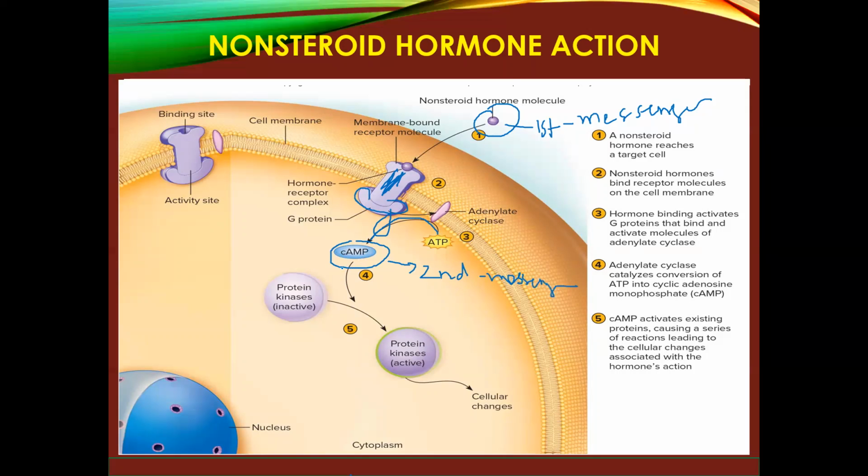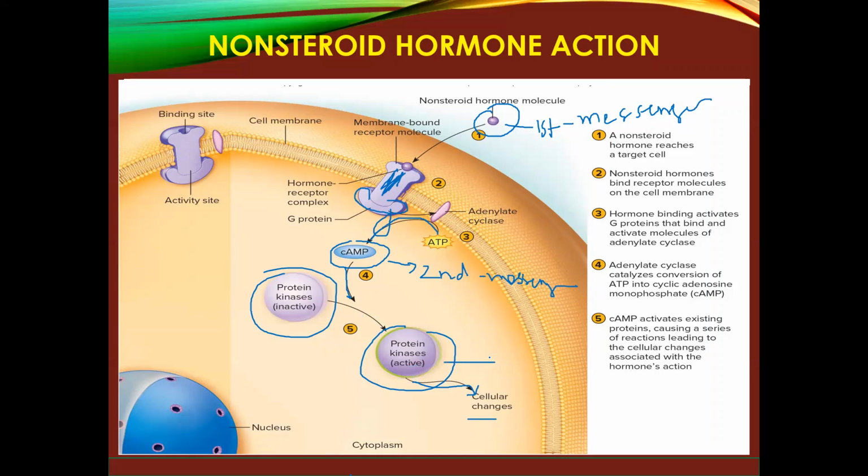And this second messenger is actually the one that activates the protein kinase. Inactive becomes active. And this active protein kinase then will make cellular changes. Let's say this is insulin, binding to G proteins, producing the second messenger, and then activating the protein kinase. If it is in the liver cell, then what happened?